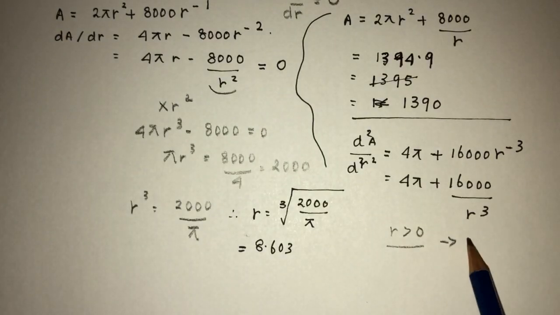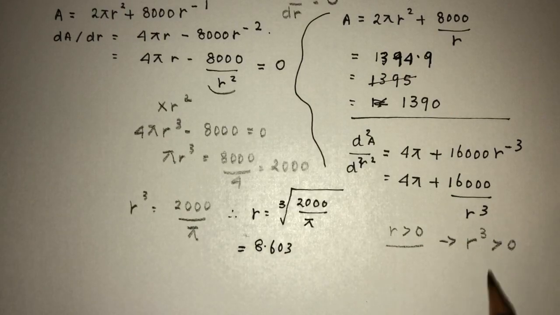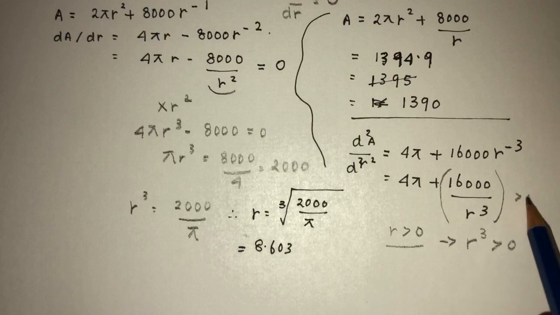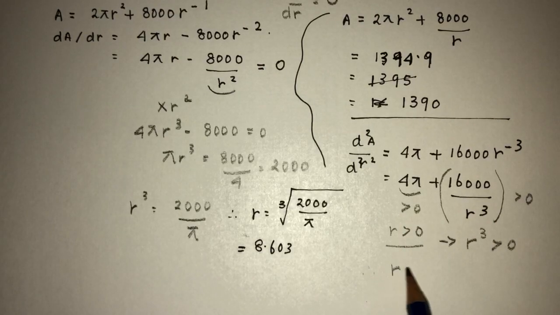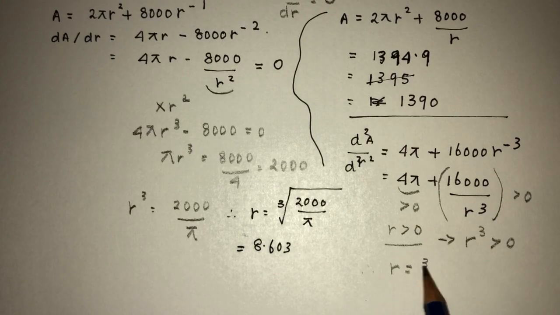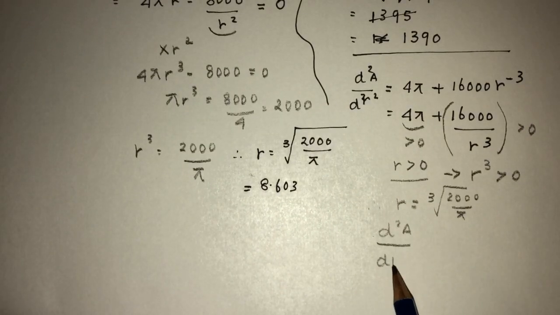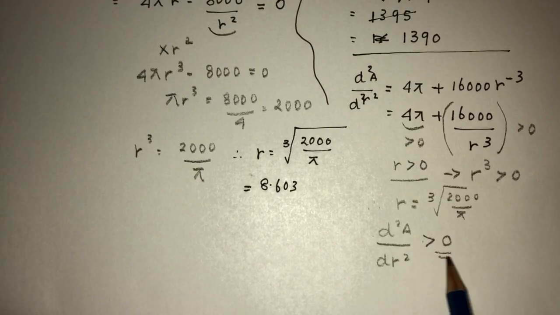The point is that you have proven that because the value of r is positive, r cubed also has to be positive. If this is positive, this value is also positive. This is positive by itself, so at the value of r equal to root this, we have shown that d²A/dr² is more than 0, which is a positive value.